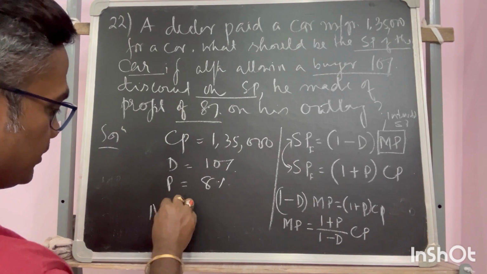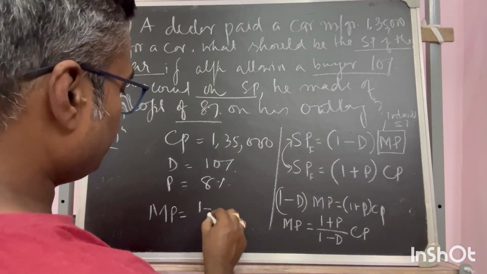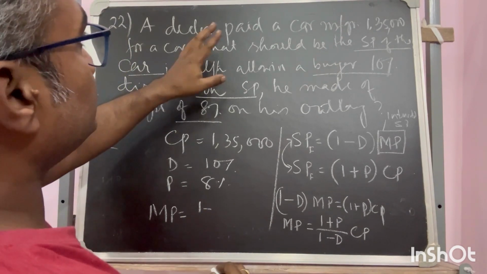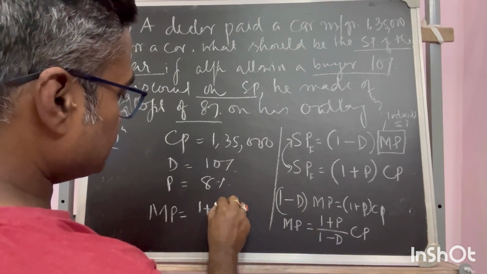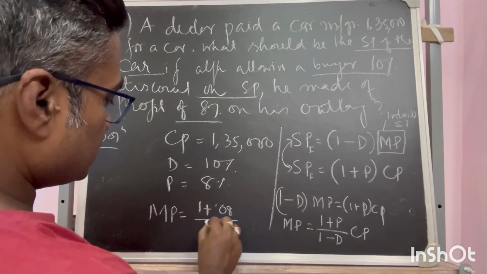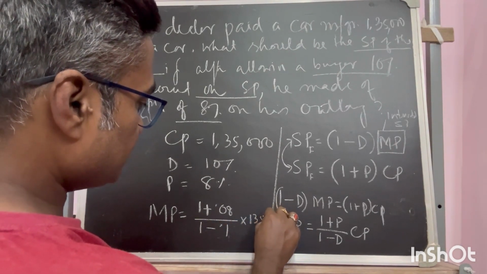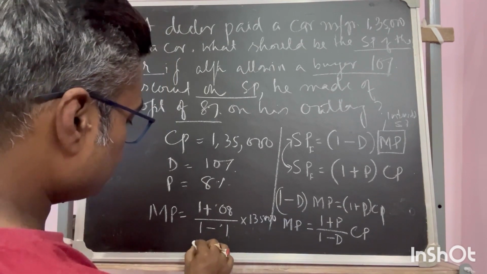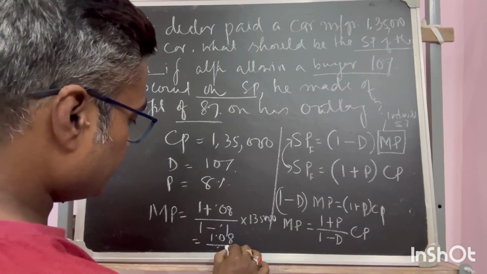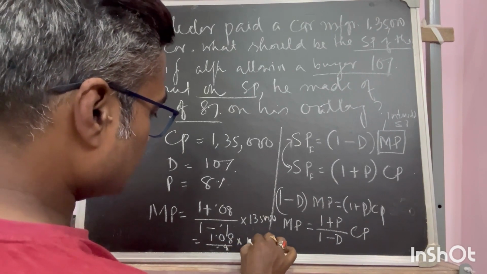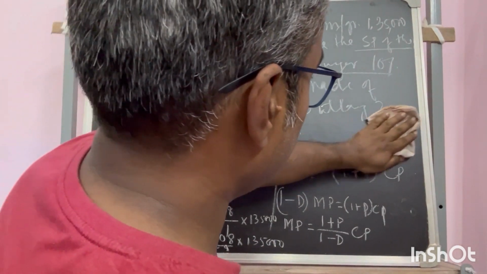If I calculate this, 1 plus P means profit 0.08, and discount 0.1, so it is 1.08, and 0.9, into 135,000.